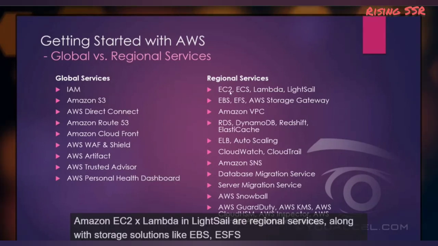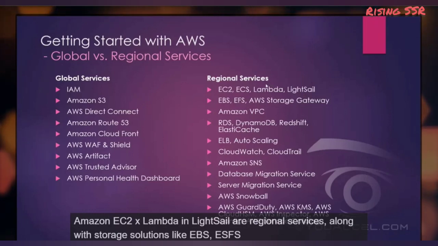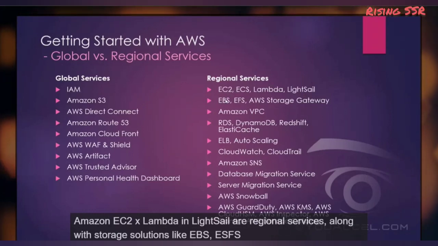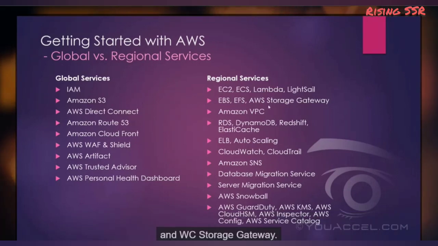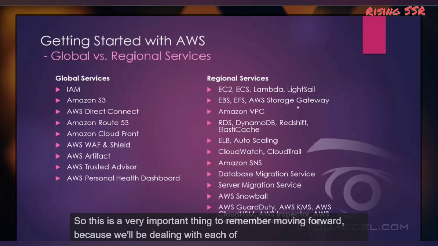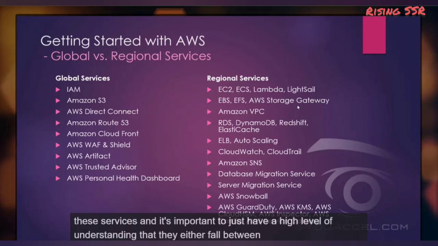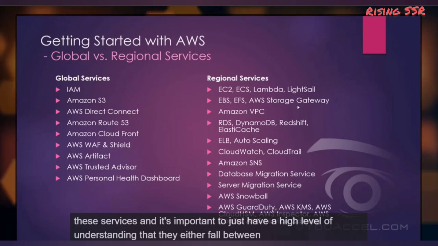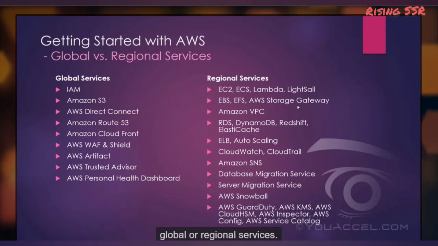Amazon EC2, ECS, Lambda, and Lightsail are regional services, along with storage solutions like EBS, EFS, and AWS Storage Gateway. So this is a very important thing to remember moving forward, because we'll be dealing with each of these services, and it's important to have a high-level understanding that they fall under either global or regional services.